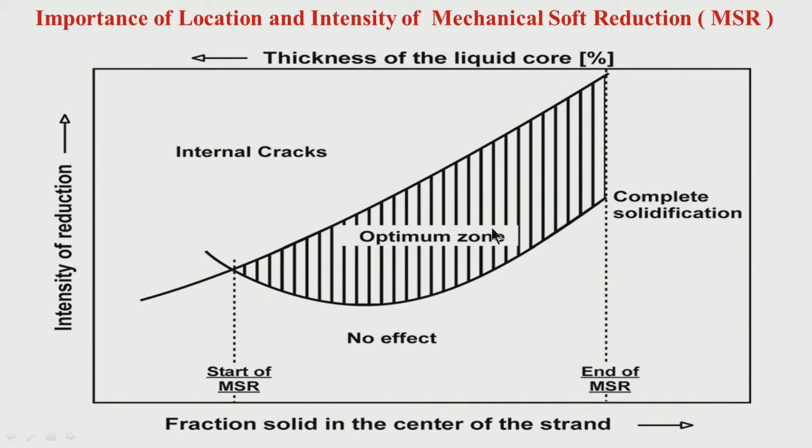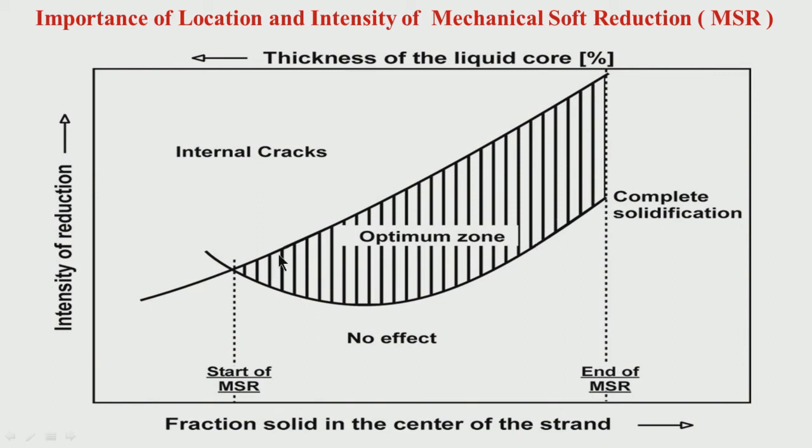Both are important. Do not put mechanical soft reduction beyond the complete solidification area. Once solidification is complete, there is no point putting soft reduction; rather it might generate cracks. So, do not put it beyond this. It is important to find out the optimum zone: first the area in which mechanical soft reduction has to be given, and then how much has to be given.